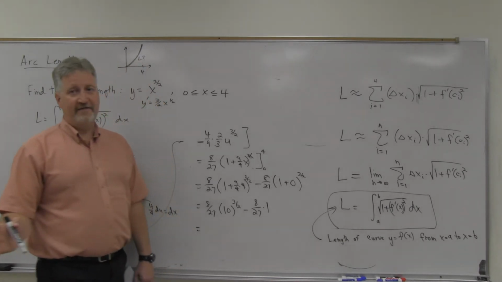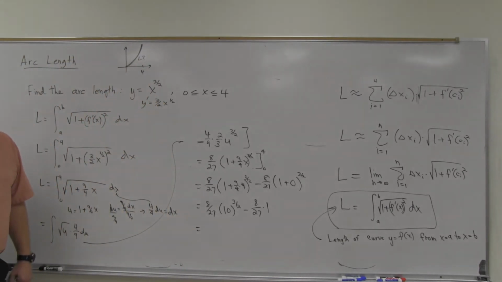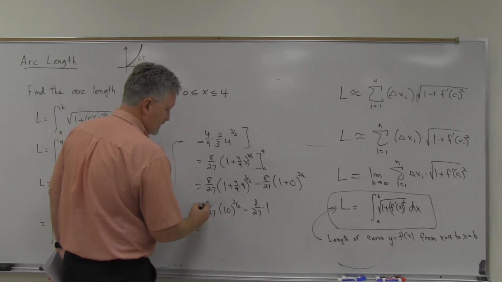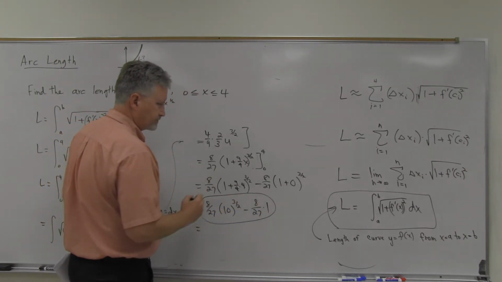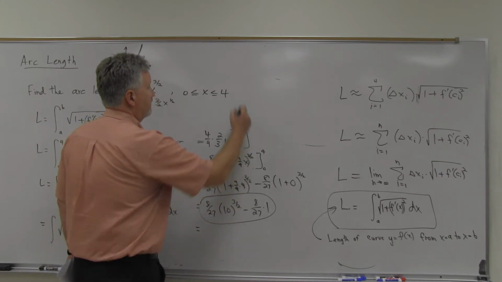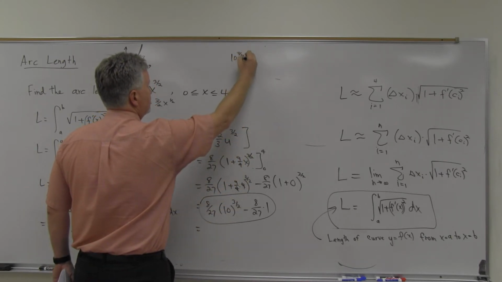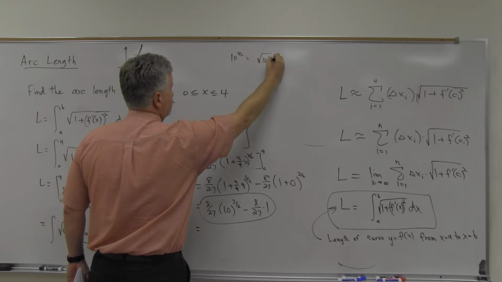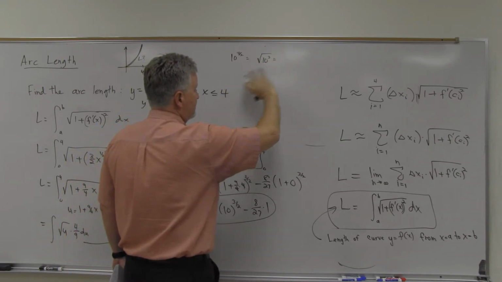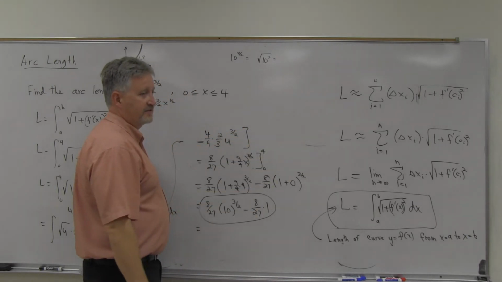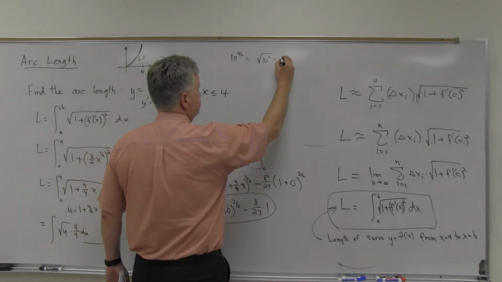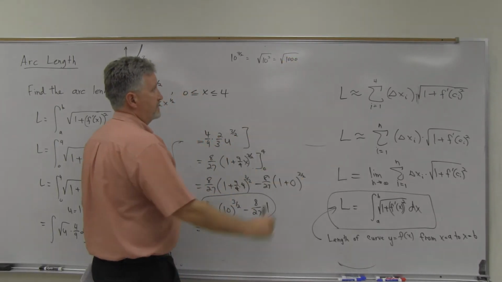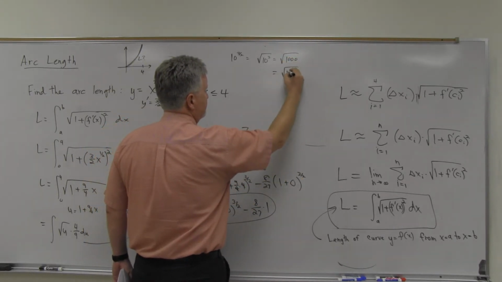But let me just show you how they will probably write that answer. 10 to the 3 halves is the square root of 10 cubed. Well, you could say it's the square root of 1,000, but they'll still say something a little bit better than that, because 1,000 is 100 times 10.